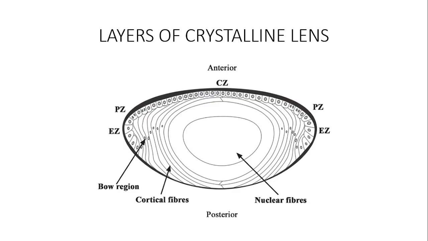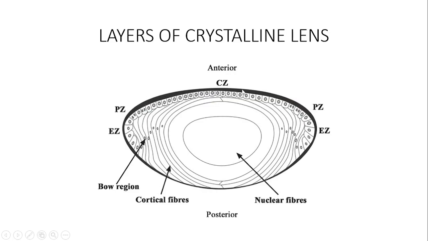They also generate ATP to meet energetic demands of the crystalline lens. So, the epithelial layer is in charge of going through the process of mitosis to give birth to the other cells that are found within the lens.